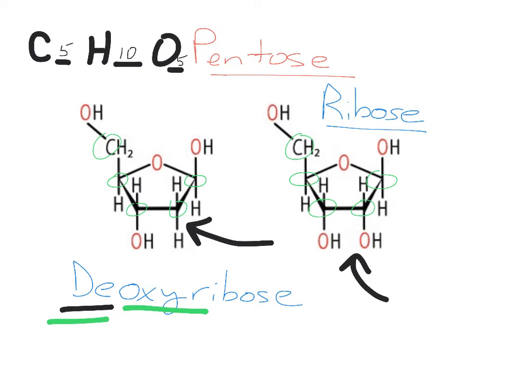And so you can count them yourselves, but because we know the general formula for sugar, we know that this ribose has C5H10O5.